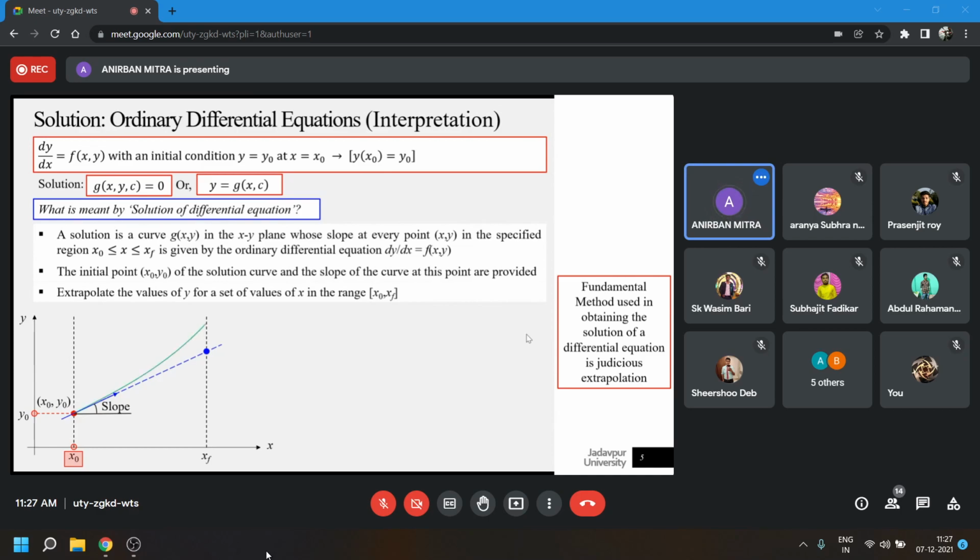Let's say that given point is indicated by the blue dot. This might not be the exact point, but of course it is an estimation. The exact solution could be like this, given by the green curve. But we do not have any kind of idea about the exact solution.